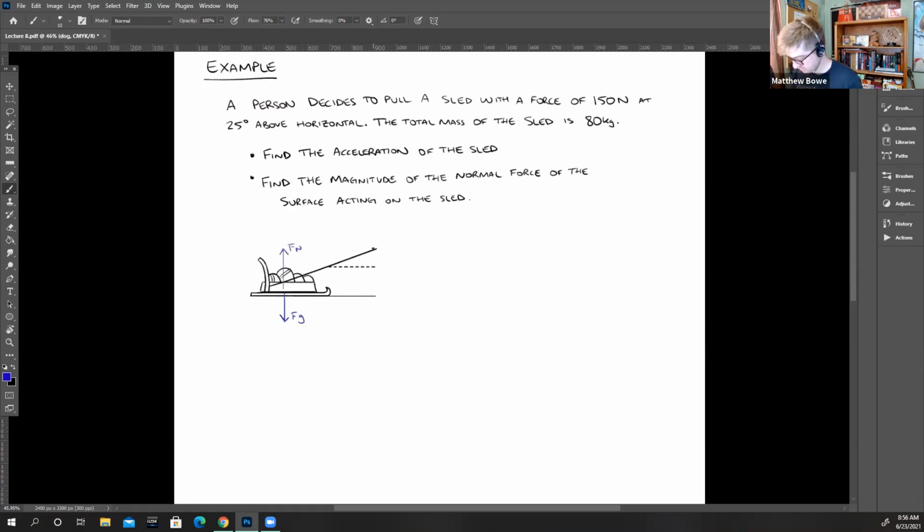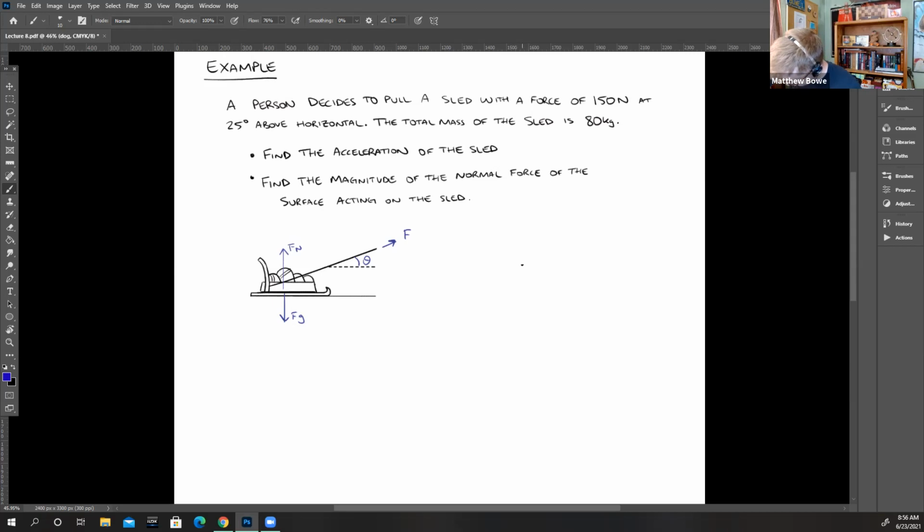There is a force being pulled at an angle by a person who is dragging the sled, at a specific angle above the horizontal. Now this actual image is messy. What we can do instead is make a free body diagram, taking all of these forces and angles and simplifying it. So let me do that over here.